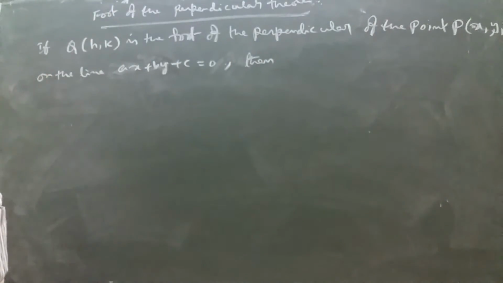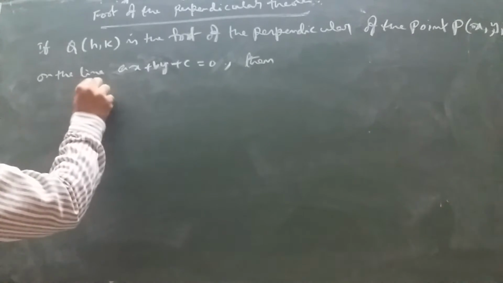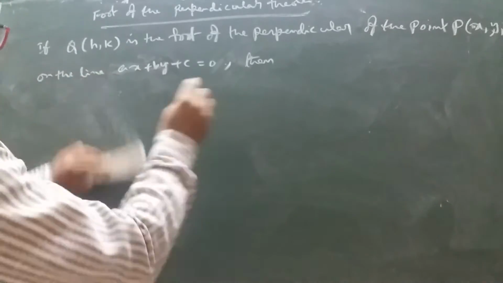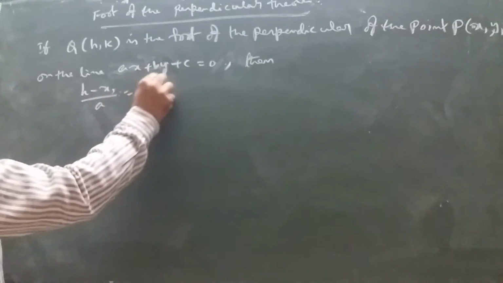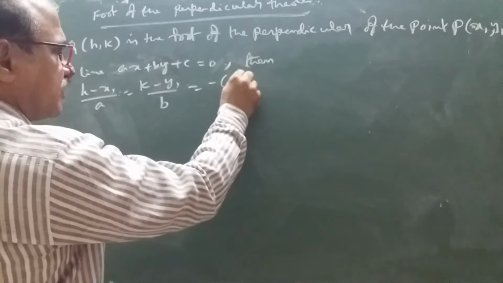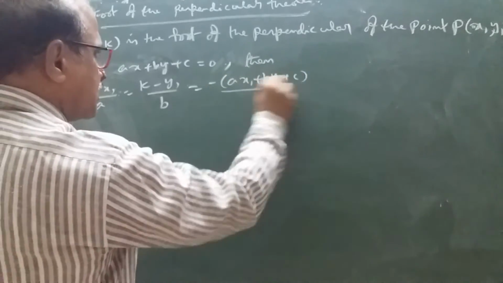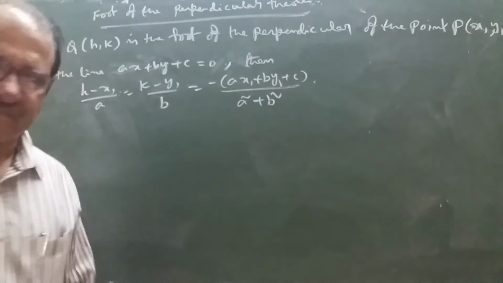the relation exists. What is that? (h - x1)/a = (k - y1)/b = -(ax1 + by1 + c)/(a² + b²).